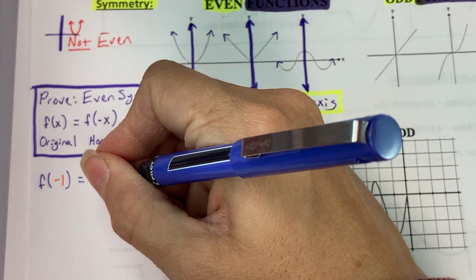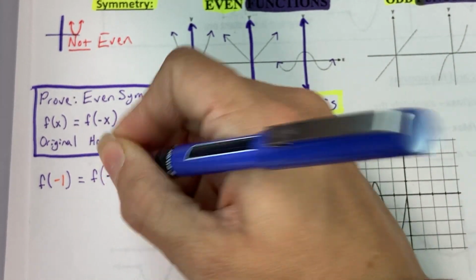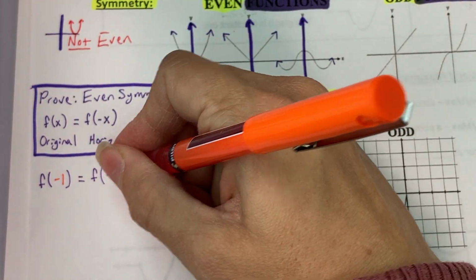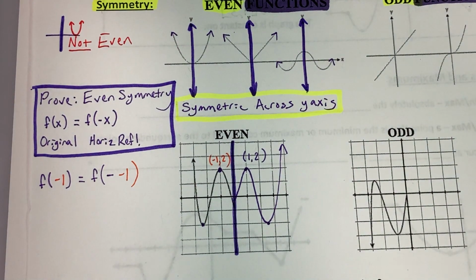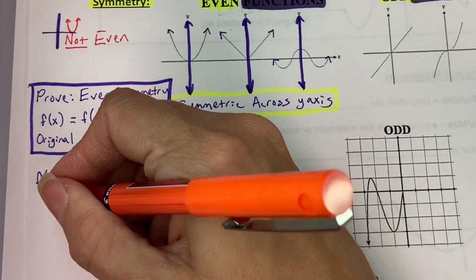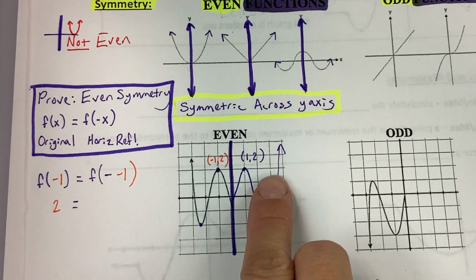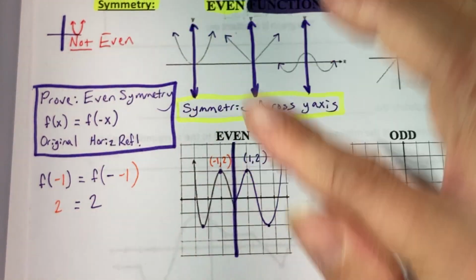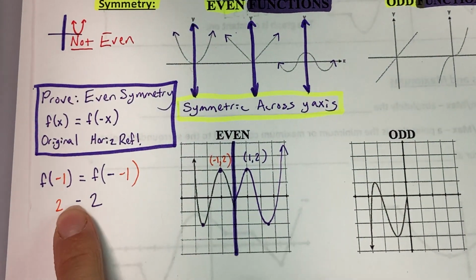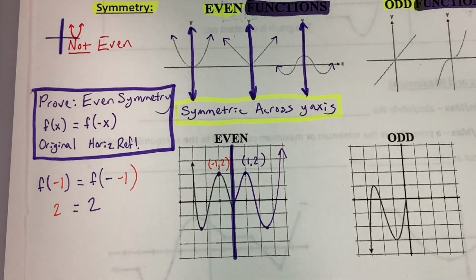So if I find f of -1, does it give me the same y value? So f of -1 gives me 2, and f of +1 also gives me 2.